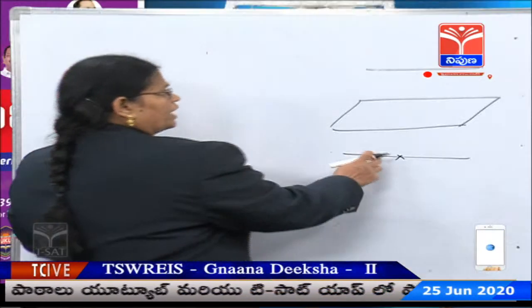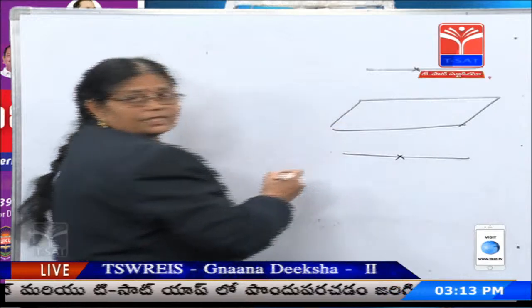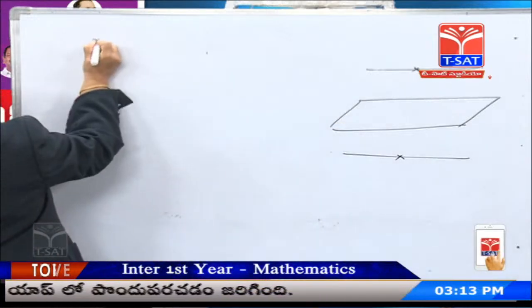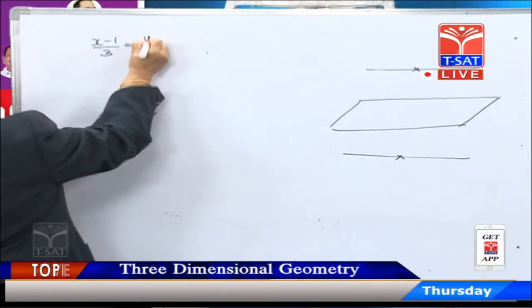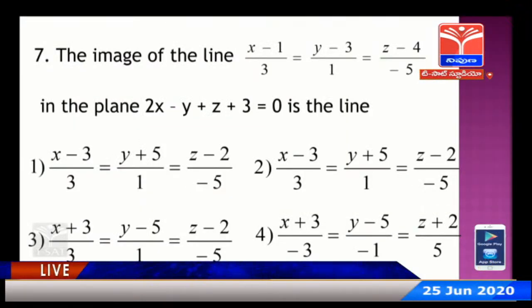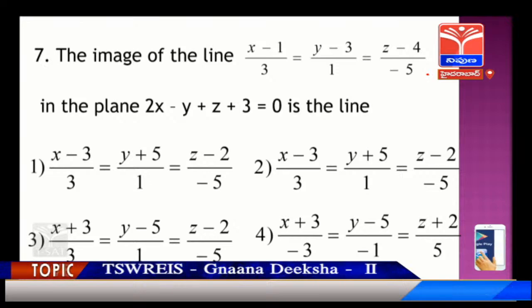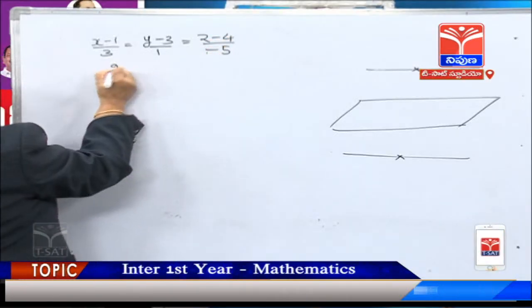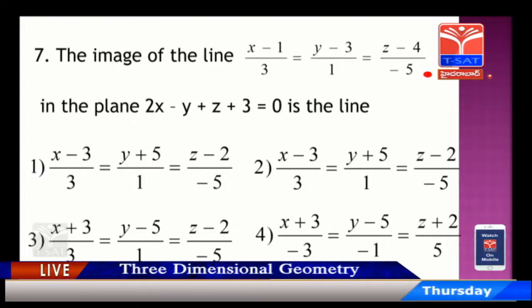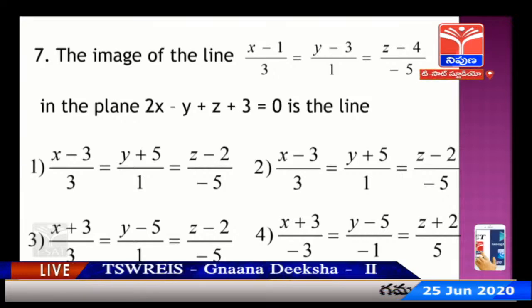To find that, what we do here: the line is (x - 1)/3 = (y - 3)/1 = (z - 4)/(-5). And the plane is 2x - y + z + 3 = 0.